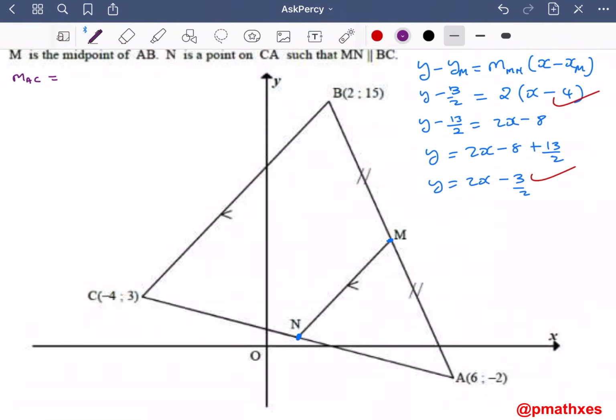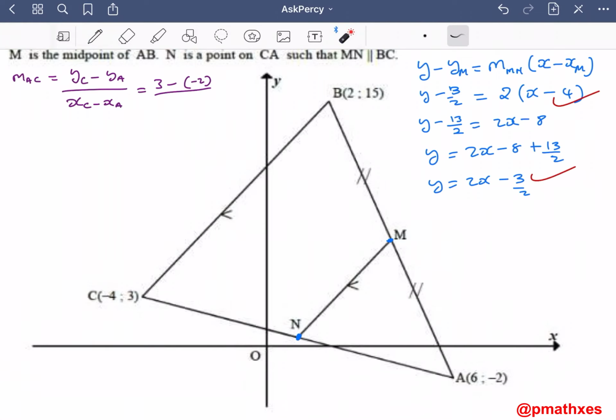The formula we're going to use: yc minus ya, so the y value of c minus the y value of a, over the x value of c minus the x value of a. Okay, and what is the y value of c? The y value of c is 3. And what is the y value of a? The y value of a is -2, so it's minus -2, right?